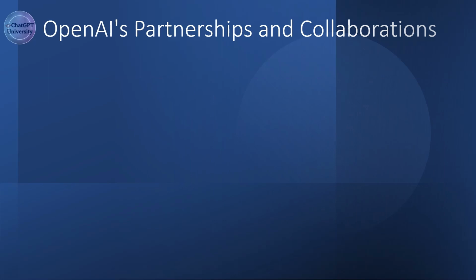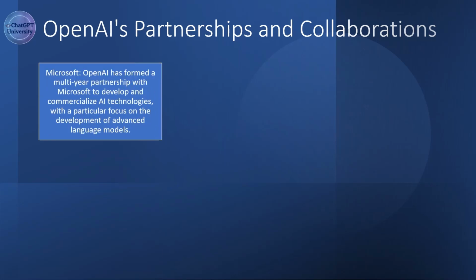It is important to note that OpenAI has strong partnerships and collaborations in the tech and the educational industry. OpenAI has formed a multi-year partnership with Microsoft to develop and commercialize AI technologies with a particular focus on the development of advanced language models.